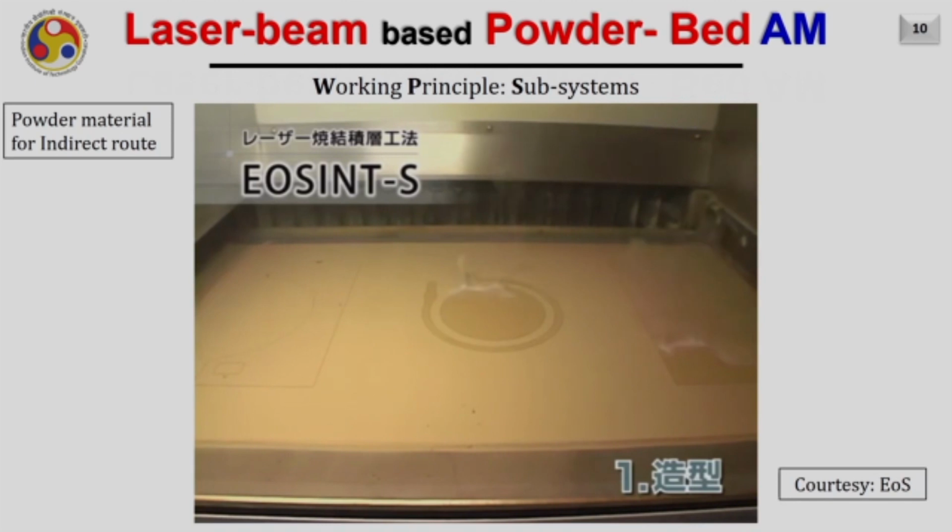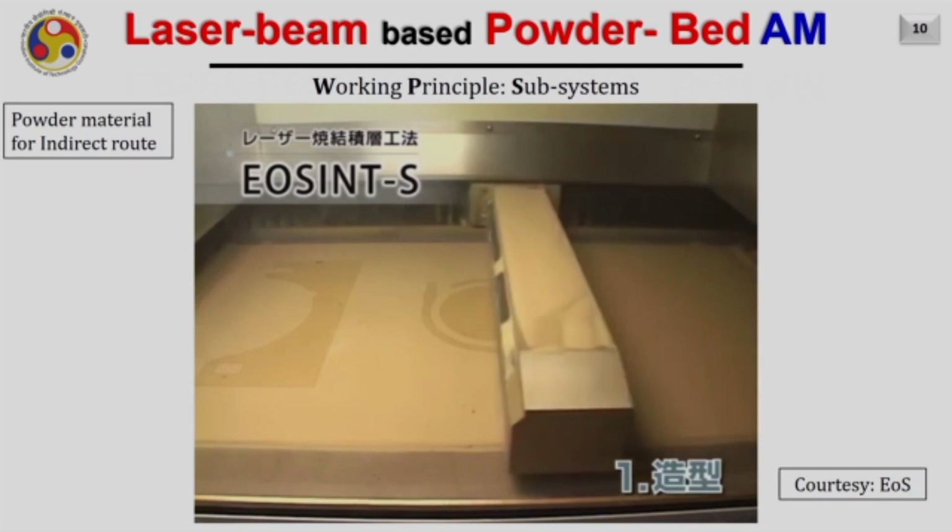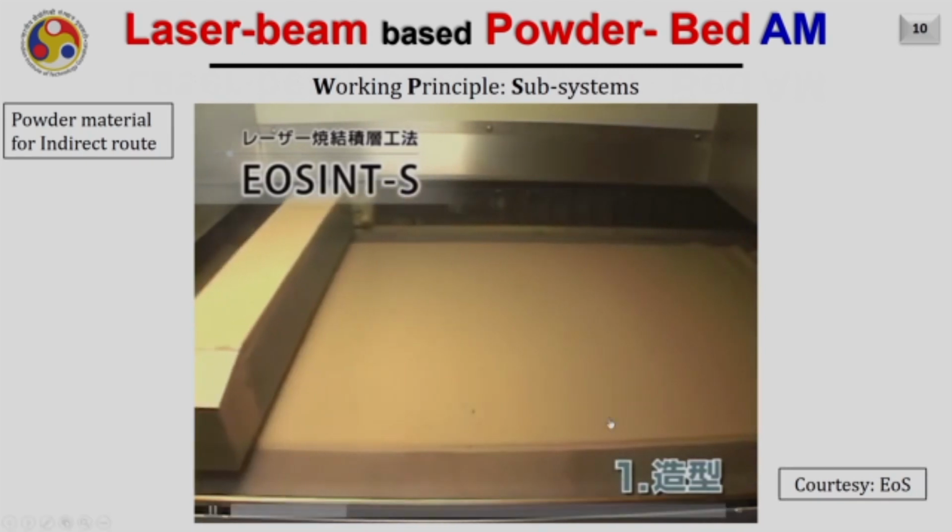Now, as a result, the part you will produce here will be a direct sand mold which can be utilized for casting. And of course, these particles of the sand are held together by a polymer. So of course, post processing will definitely be required.